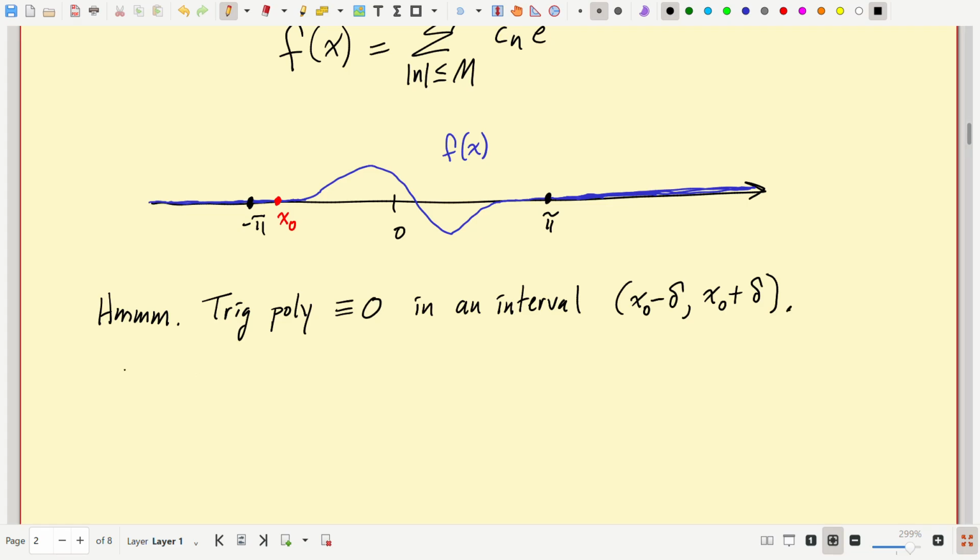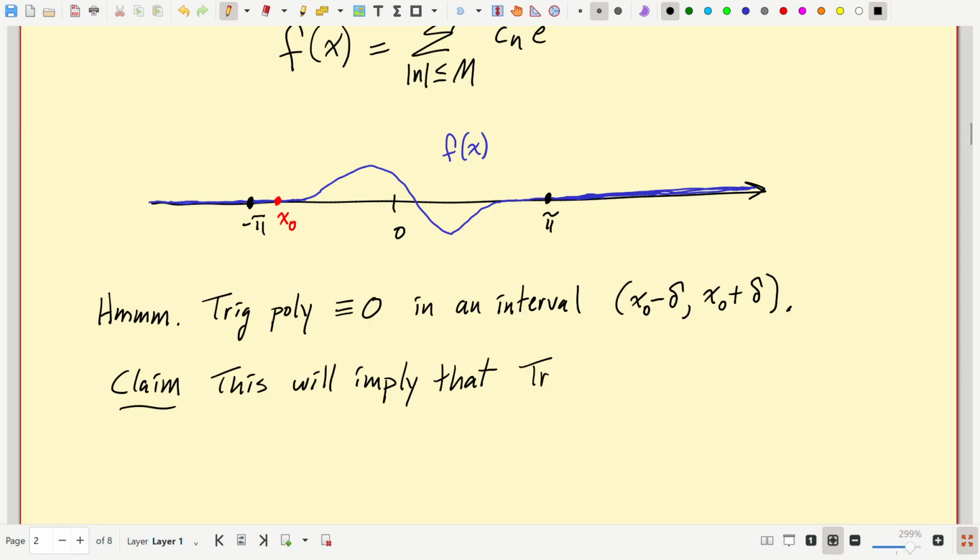So I claim this will imply that the trig polynomial is identically 0.